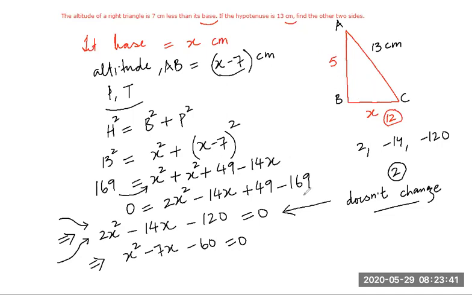Now verify: this square is 169, this square is 144, and this is 25. And 25 plus 144 is 169. So my sides are correct.